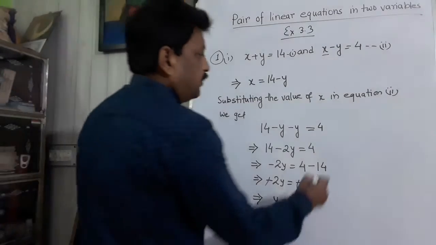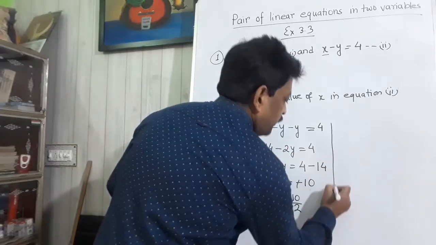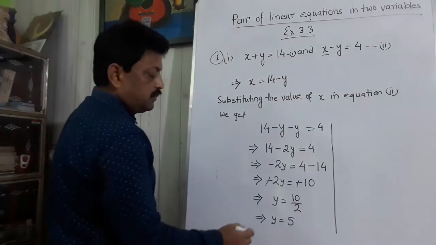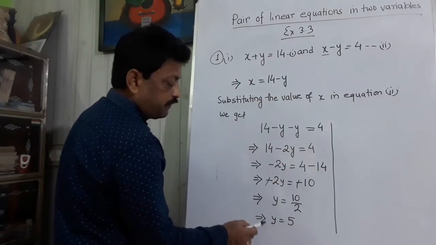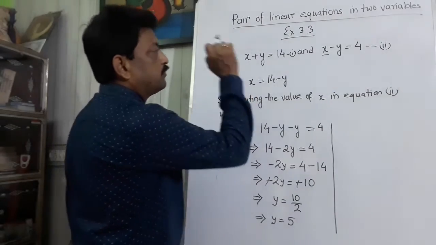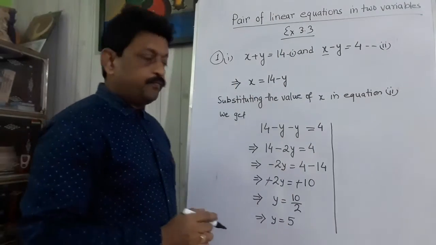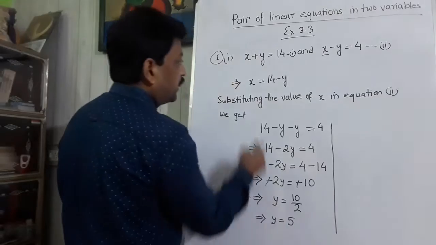y. Now how to find the value of x? Very easy. Just simply substitute the value of y in equation 1 or 2, anywhere. So I am substituting the value of y in equation 1.